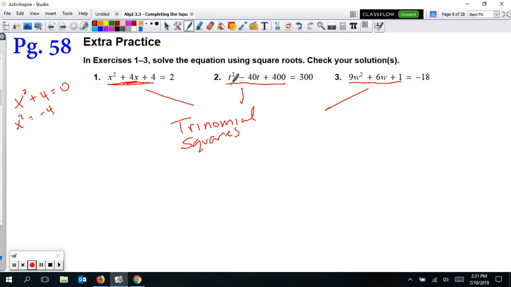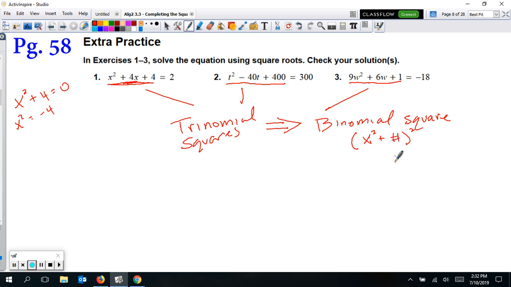Trinomial squares can be turned into a binomial square, or the square of a binomial, which looks like a parenthesis with a square, with your 2 terms inside: the x term, and then plus or minus some number.